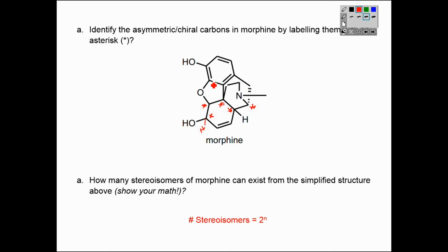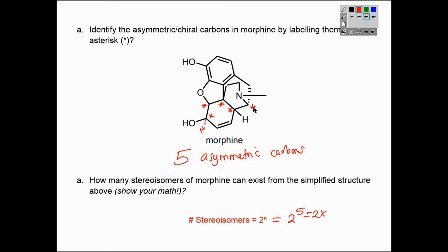Okay, that's not chiral, that's an sp2 hybridized carbon. That's sp2, sp2, sp2, sp2, sp2, sp2. So it looks like we only have 1, 2, 3, 4, 5 chiral centers, or 5 asymmetric carbons. So the number of stereoisomers possible is 2 to the power 5.